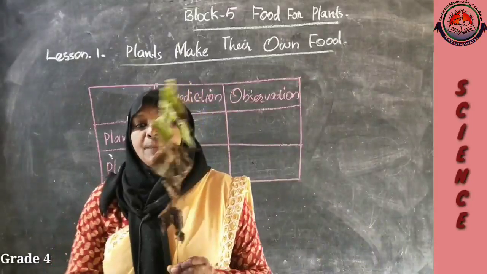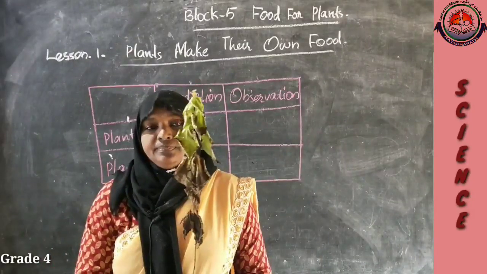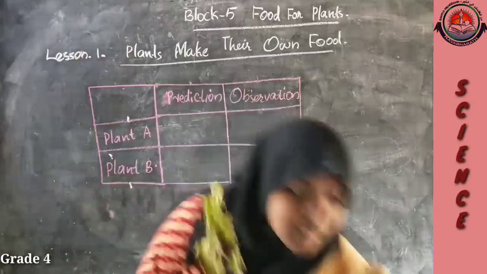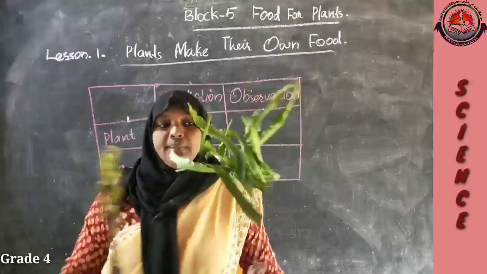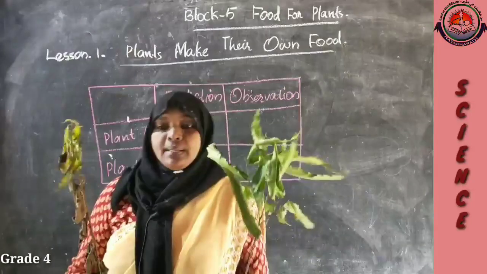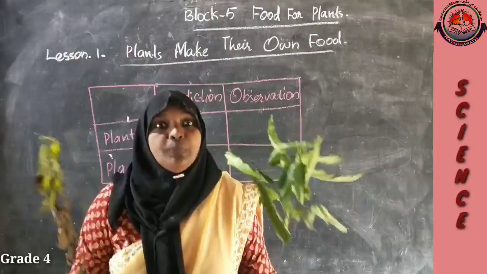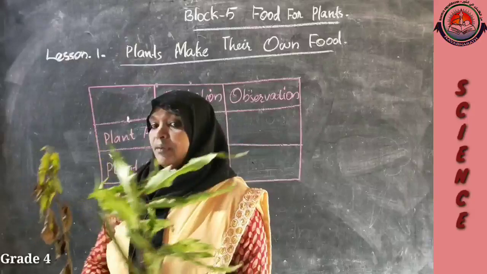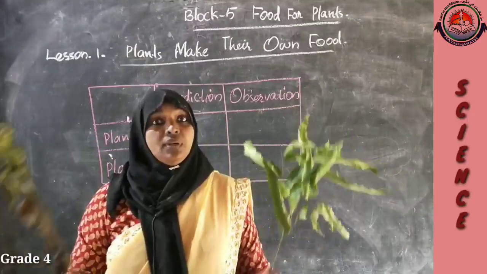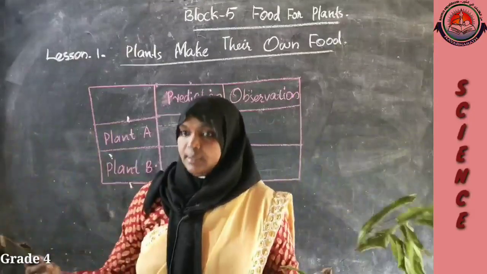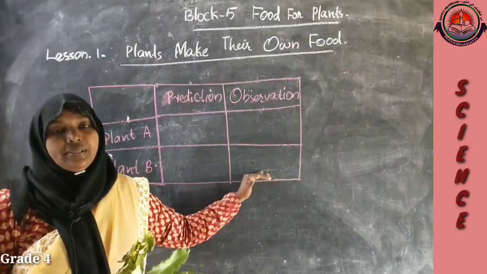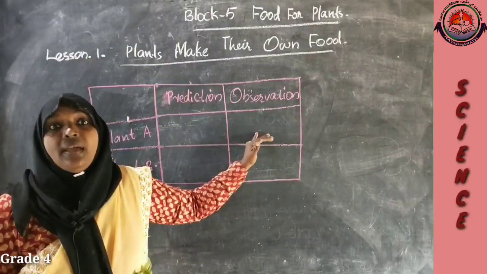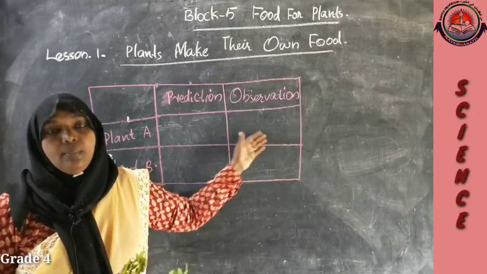This is plant A. This is plant B. What happened to these plants? Both plants look weak and were almost dying. You have to complete your observation here. Weak and almost dying, both plants.